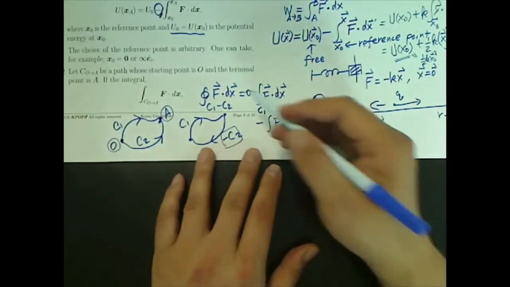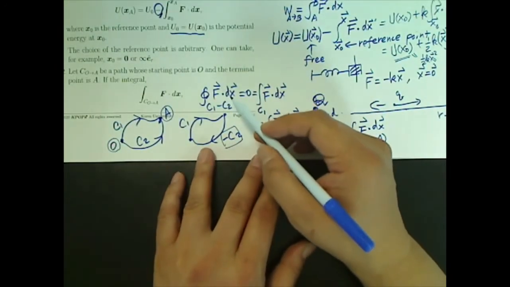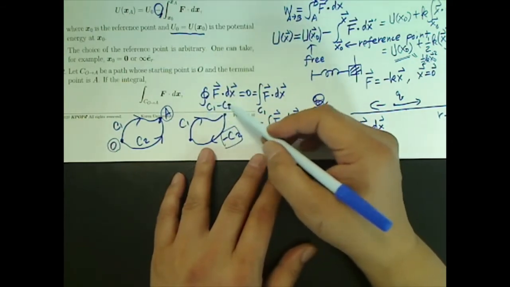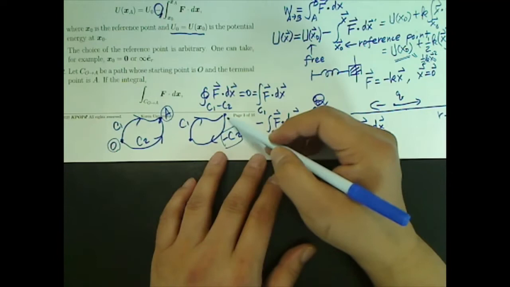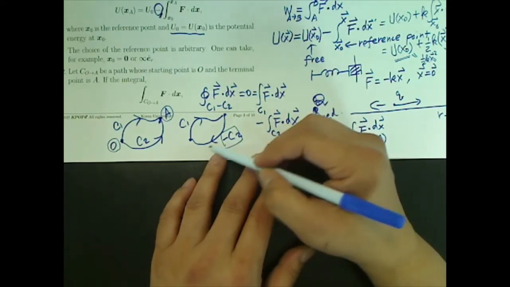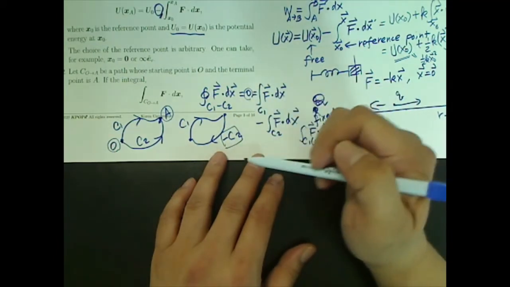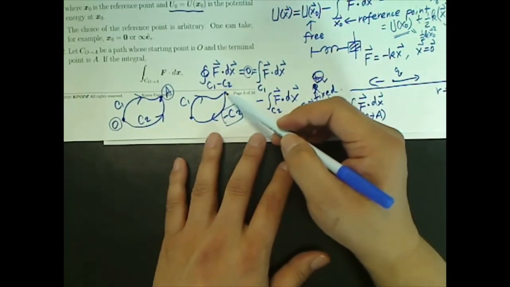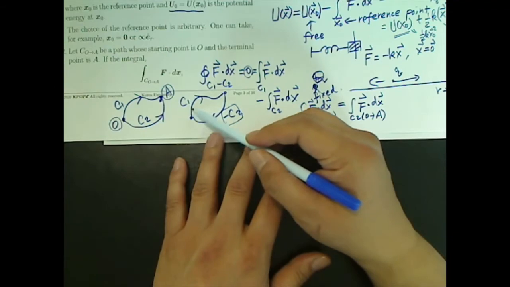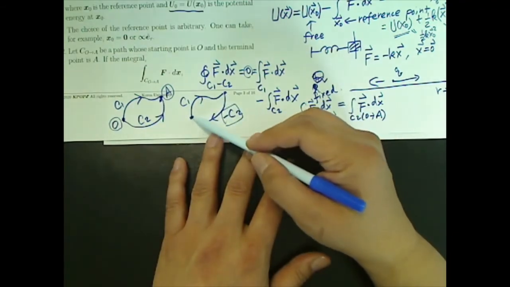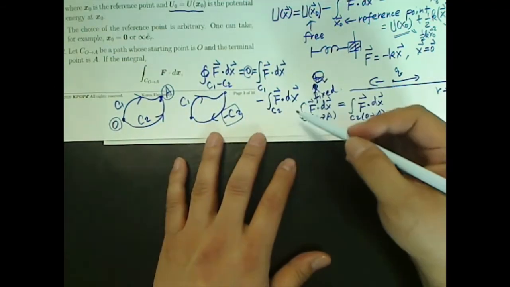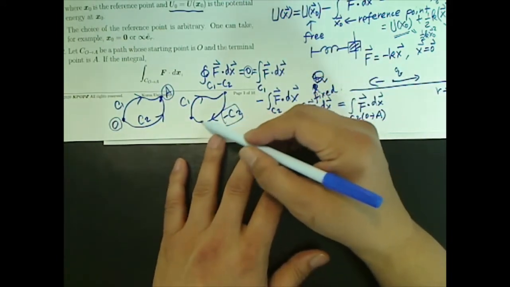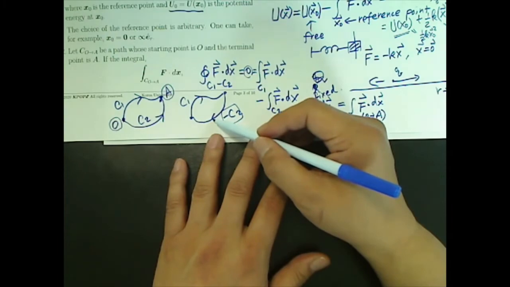Therefore, the work done by the conservative force on a closed path should be 0. But this is an integral. This one can be divided into two pieces: the work along the path C1 and the work along the path minus C2.